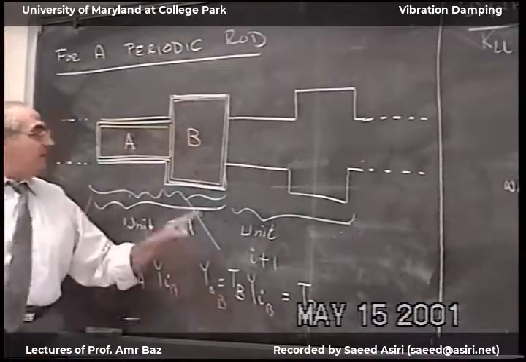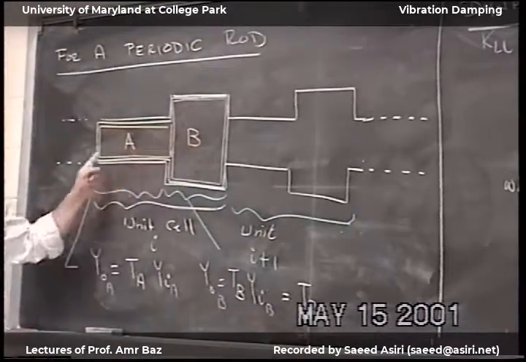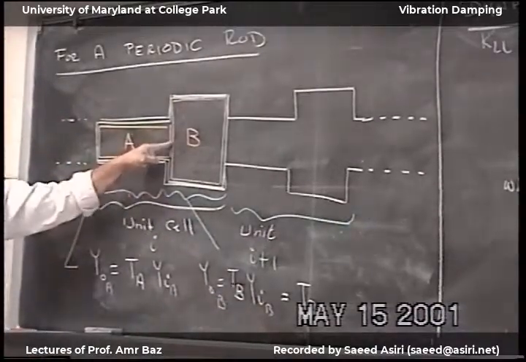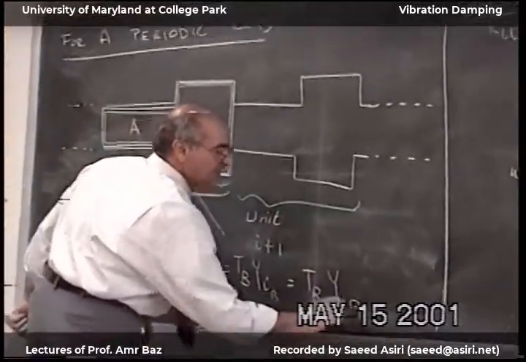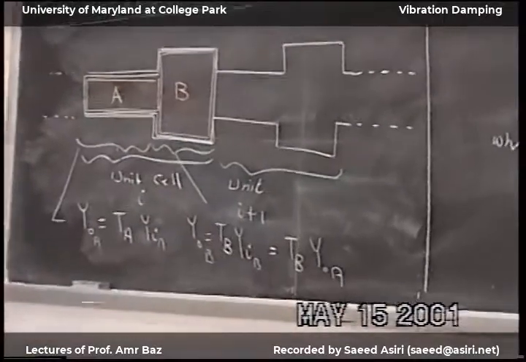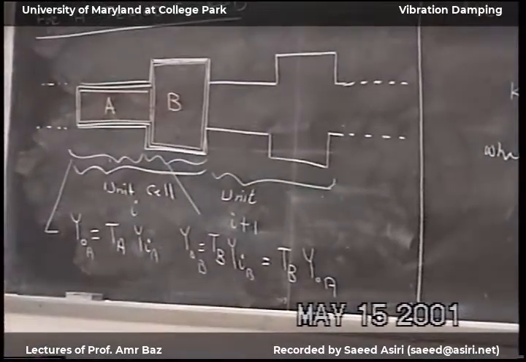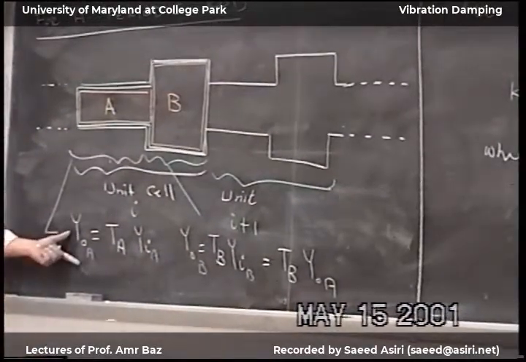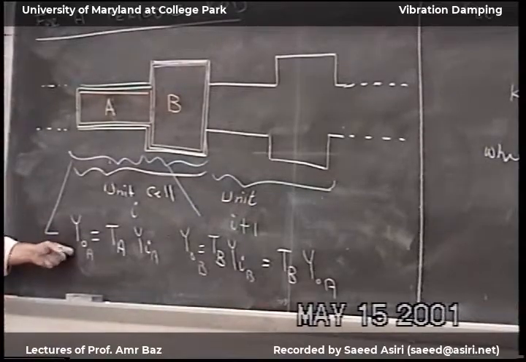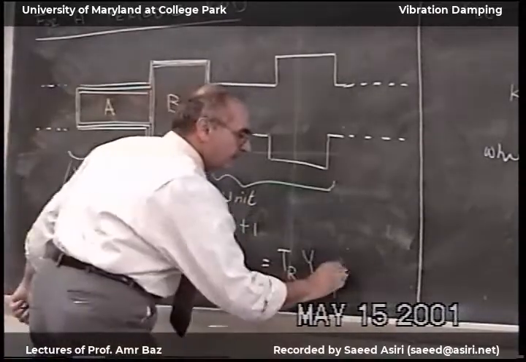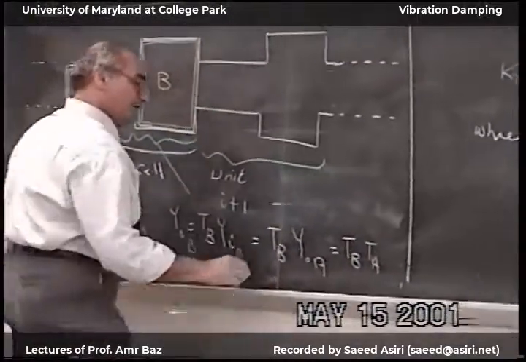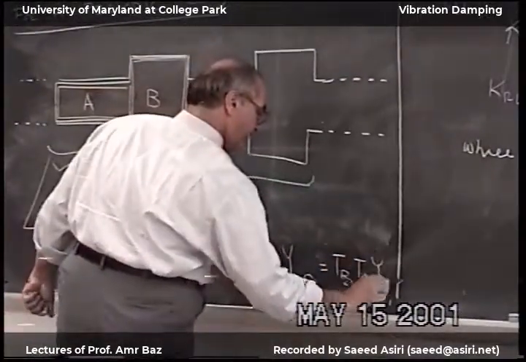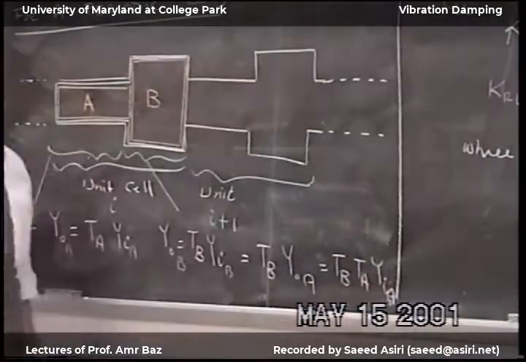Y input to B is Y output from A. So this is Y output from A. And then now I'm going to replace Y output from A from here. So this will equal to TB, TA, Y input to A. Now we're complete.